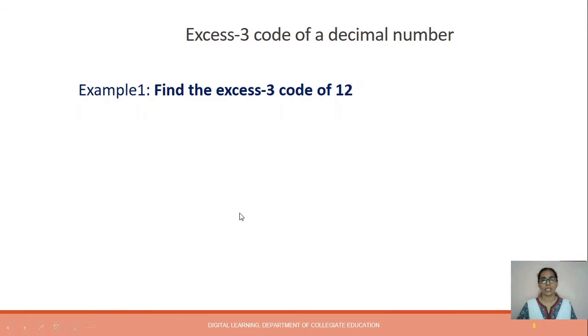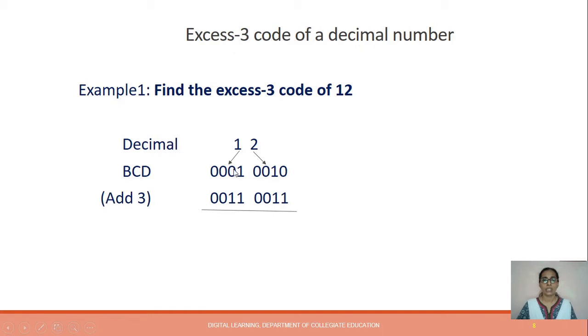Now let's see more examples. Find the XS3 code of 12. Here the decimal number given is 12. Convert that into BCD. 1 is 0001 and 2 is 0010. Then add 3 to each 4-bit group.